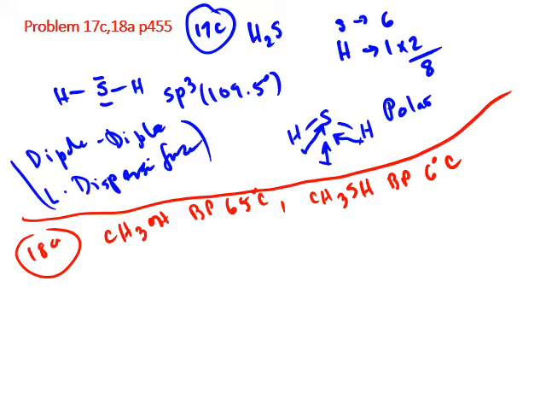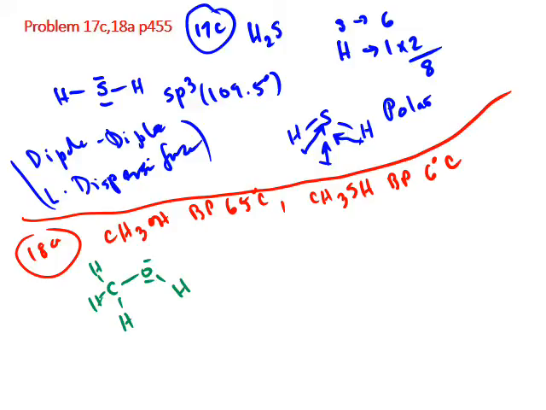Now why is there a difference? Let's look at the structure first. We need to draw the structure to understand this. Again, your methyl group, you have CH, H, H. Carbon must have 4 bonds, so oxygen, and oxygen must have 2 bonds and 2 pairs of electrons, OH.